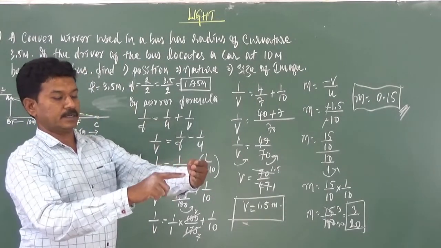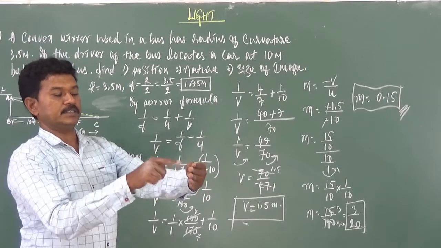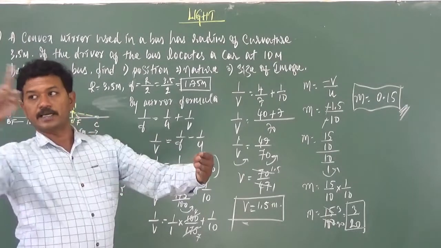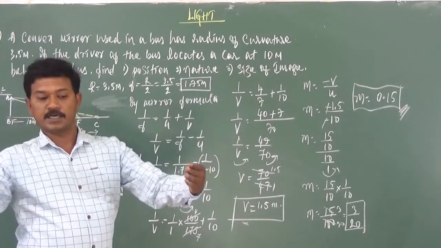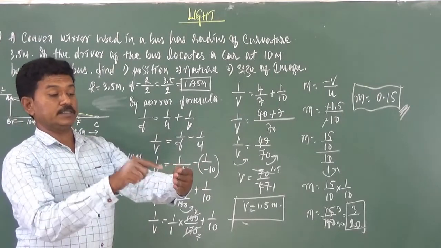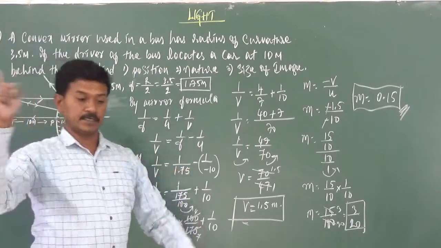The size of the image of the car, what he sees in the mirror, is 0.15 times the actual size of the car. If the actual size of the car is 1, then the image of the car, what he sees in the mirror, is 0.15 times the actual size of the car.